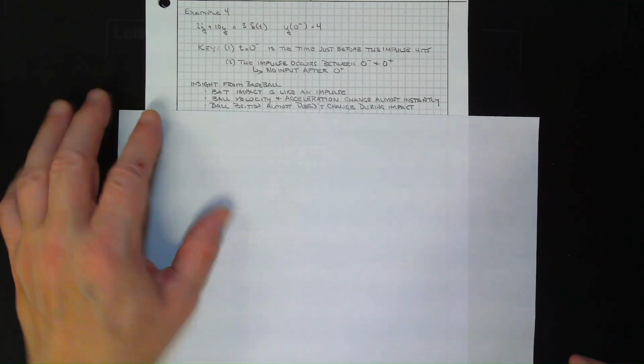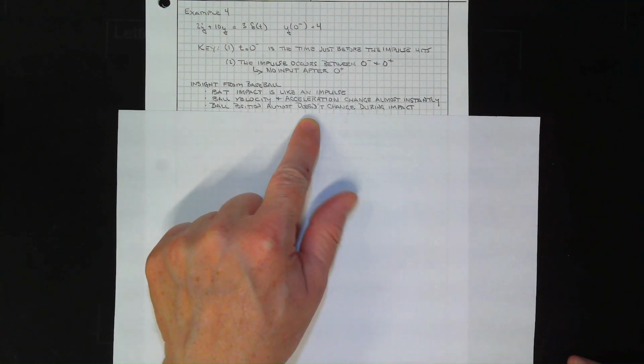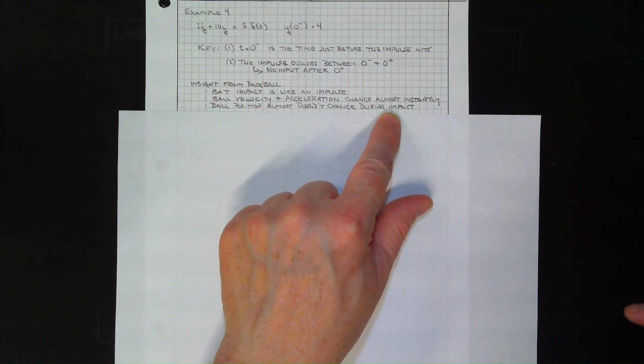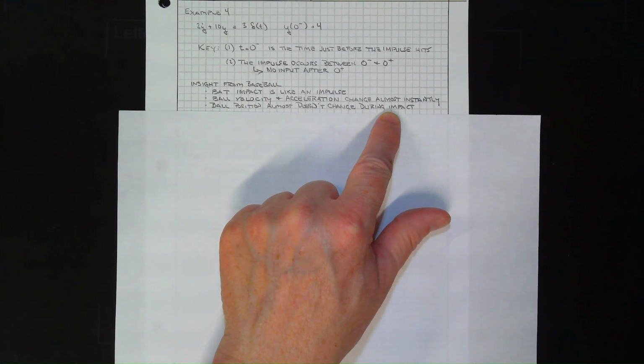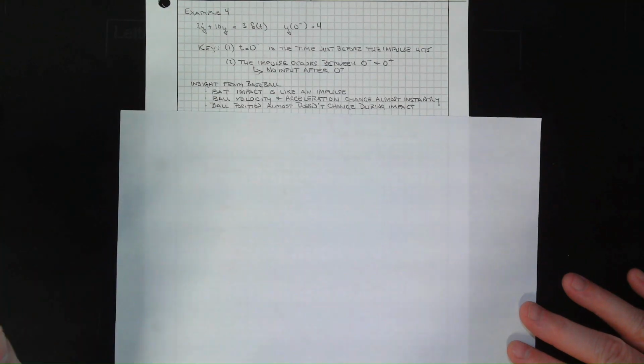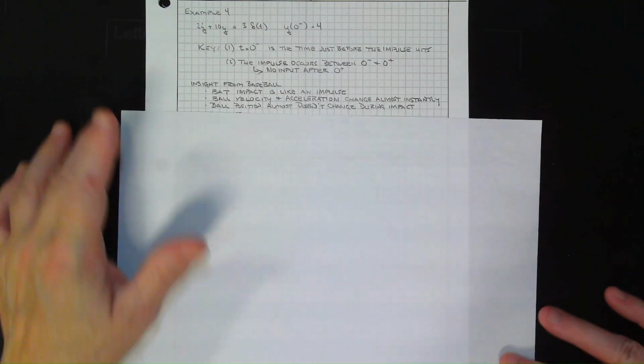However, if you look at the position of the ball, it spends virtually no time in the bat, and while it's in contact with the bat, it barely moves. So the position almost doesn't change during impact, and an impact is a really, really small amount of time.